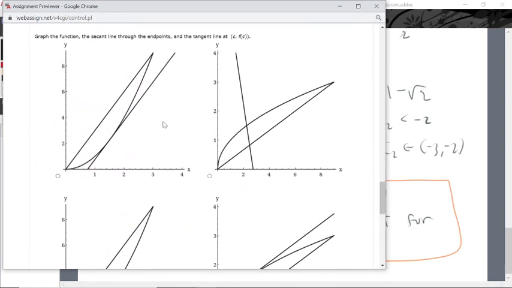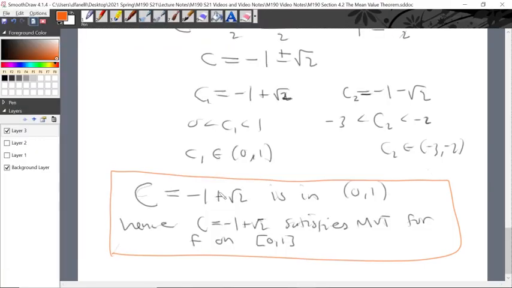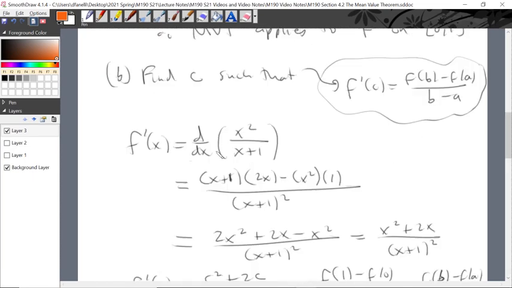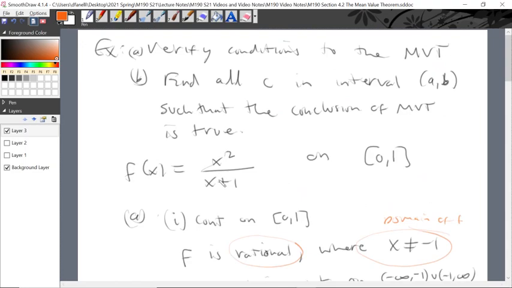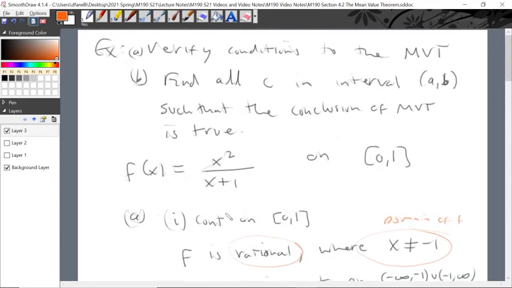One other thing here, again, we talked about geometrically how we can interpret the answers. The geometric interpretation, for instance, for this answer from the mean value theorem is that the derivative of the function x squared over x plus 1 at the input value -1 plus the square root of 2 would be equal to the slope of the line connecting f of 0 to f of 1.